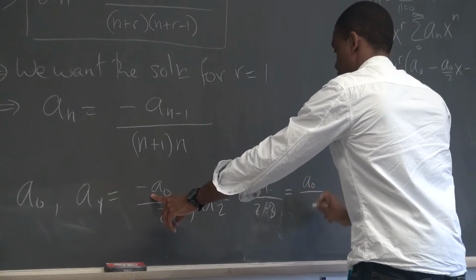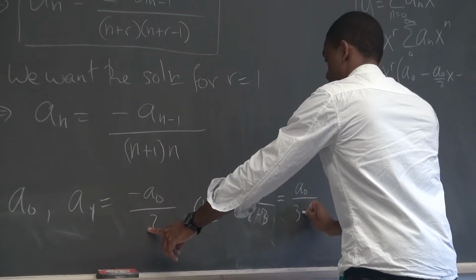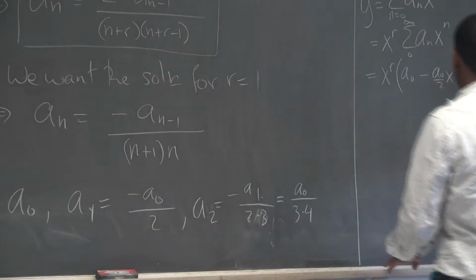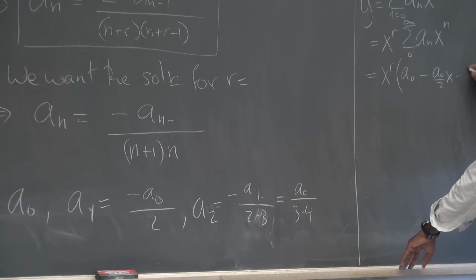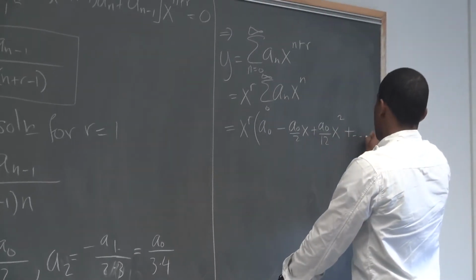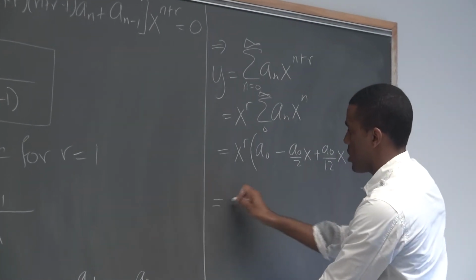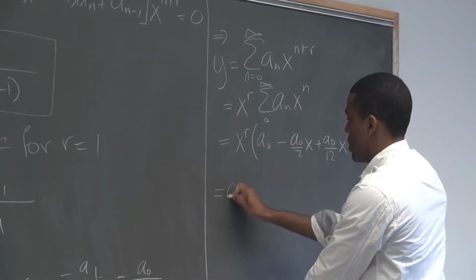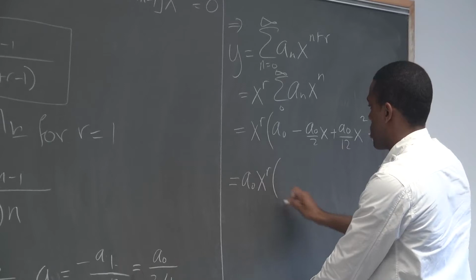So it's A0 over 3 times 4. And so the x squared term would be A0 over 12 x squared. I'm just going to do the first few terms because I have a bigger example I want to get to.